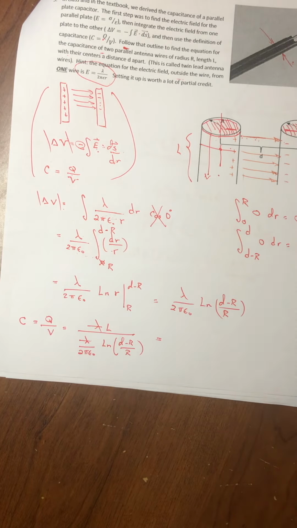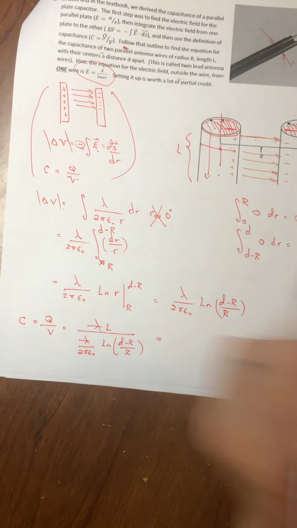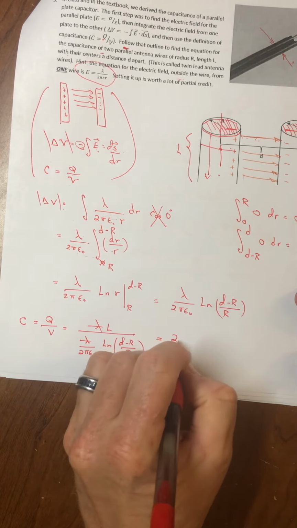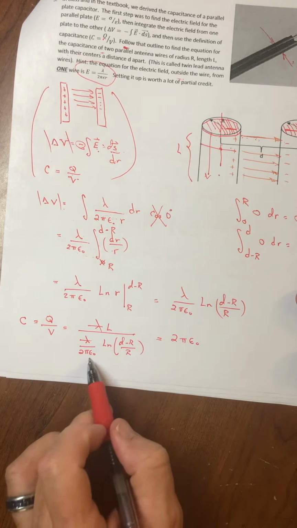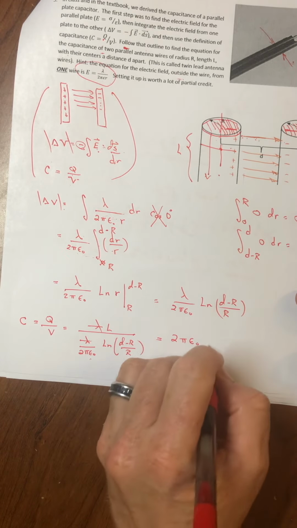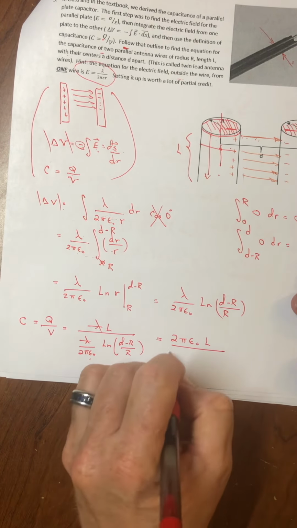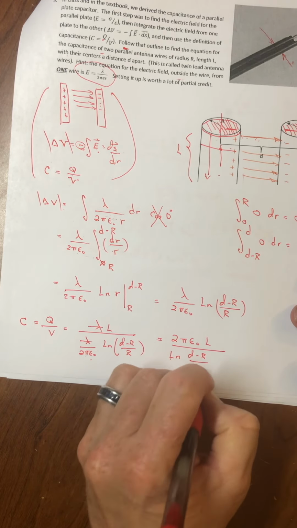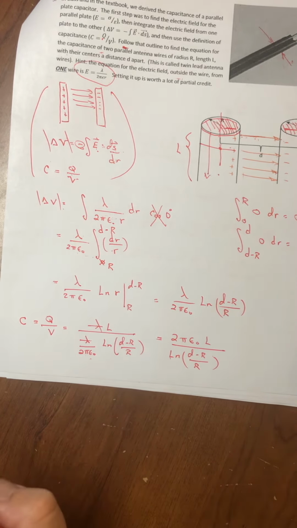You could have 0 charge on them and it still has a capacitance, or you could have a lot of them, or you could have plus or minus and then switched. Anyway, sweeping this around, this becomes a 2 pi epsilon naught in the top times an L and a natural log of this mess in the bottom.